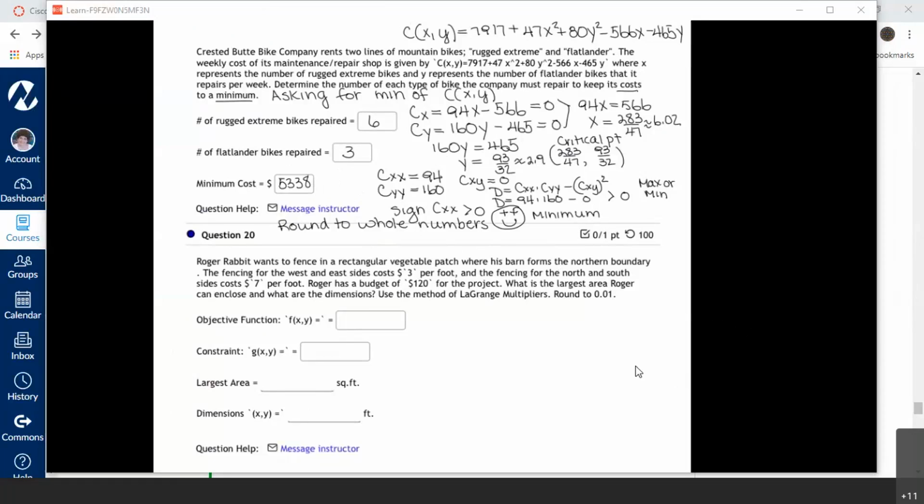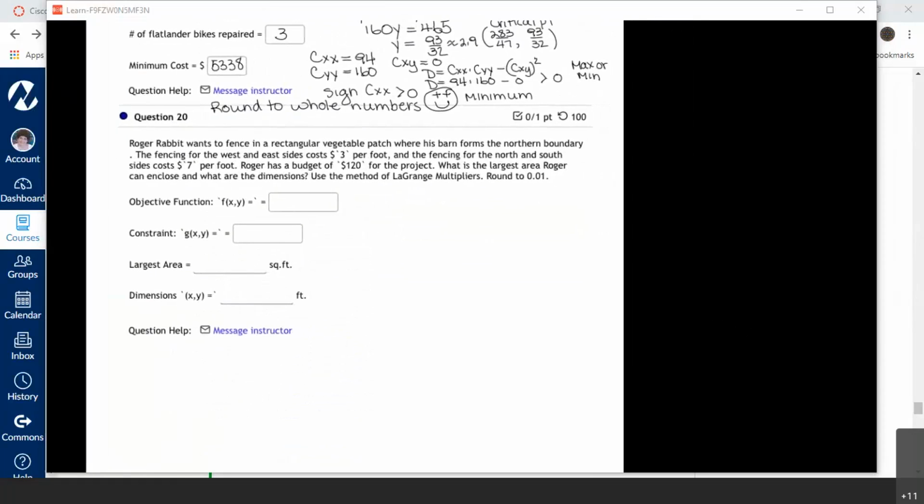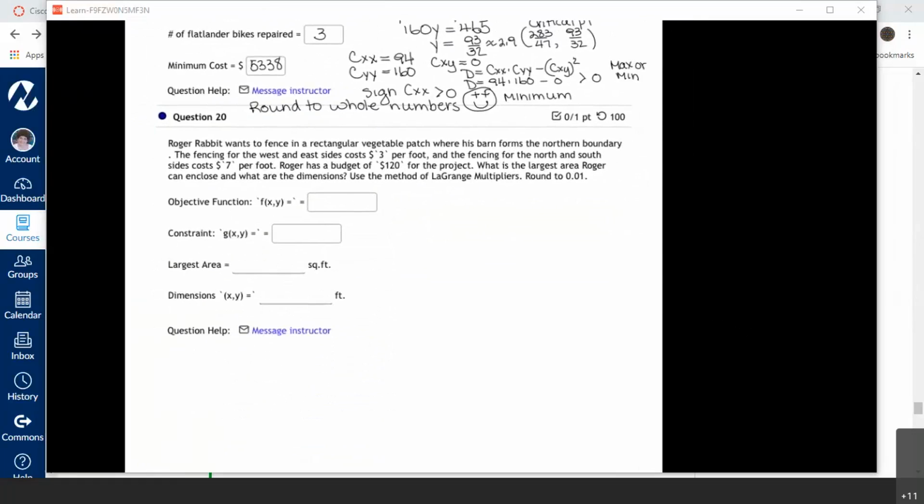No questions. Okay, let's take a look at this one. Basically it says we have to fence a rectangular vegetable patch where the barn forms the northern boundary. Here you're going to get treated to my horrendous drawing.